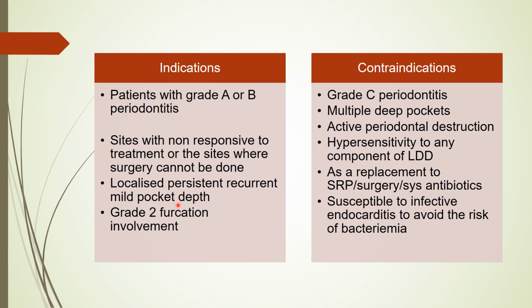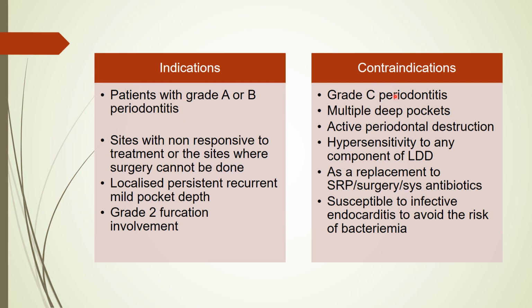If it is a localized area, not a generalized area, you can try this LDD. Also in the case of grade 2 furcation involvement, where one wall is completely loose, maintenance won't be that proper, so we can have local drug delivery in this case.